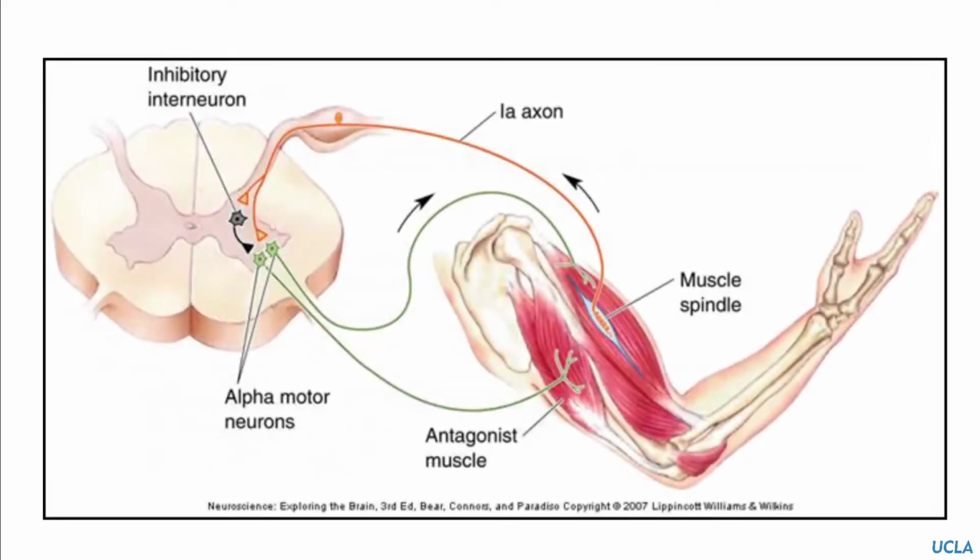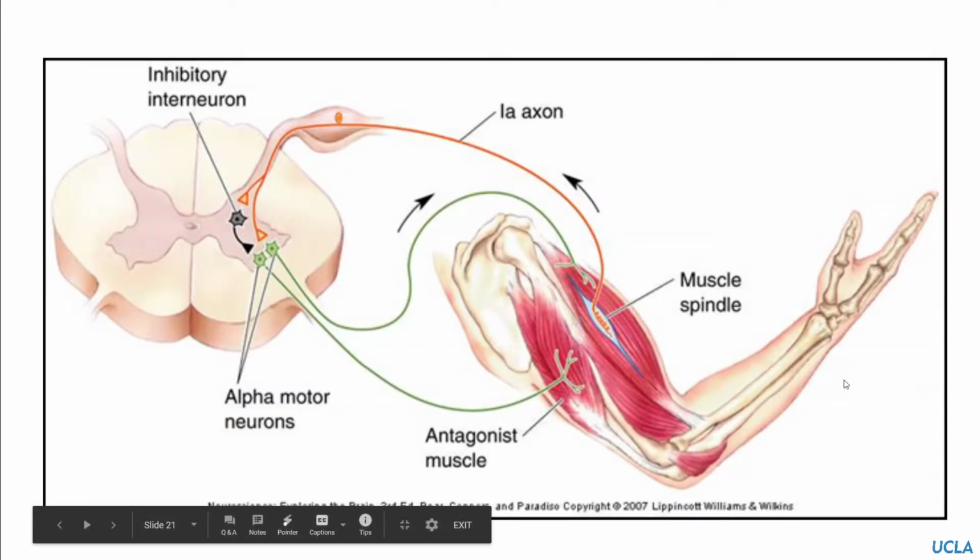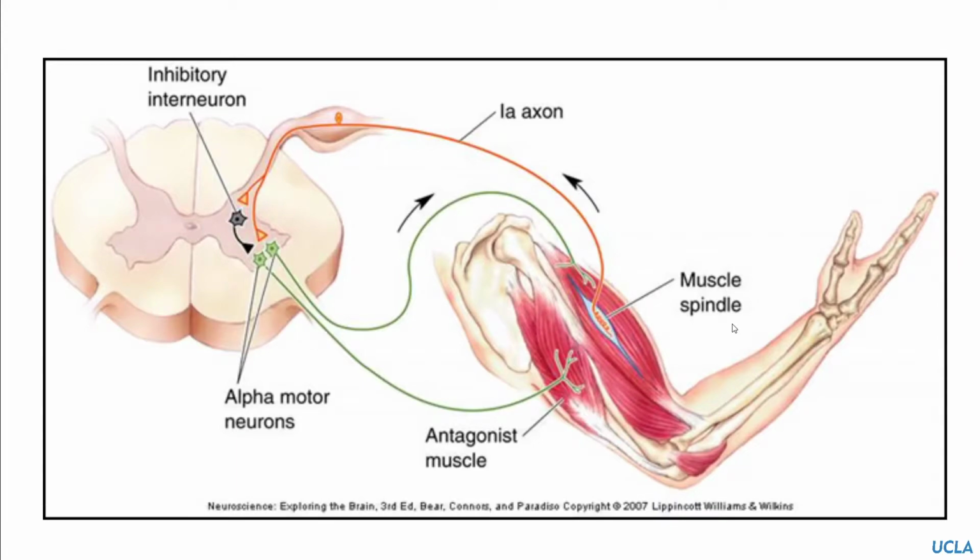So what does it look like? Well, I'm so glad you asked. First of all, you have the muscle spindle here. When that is stretched, maybe by an increased load on the hand, it will lengthen this muscle and thereby lengthen this muscle spindle.